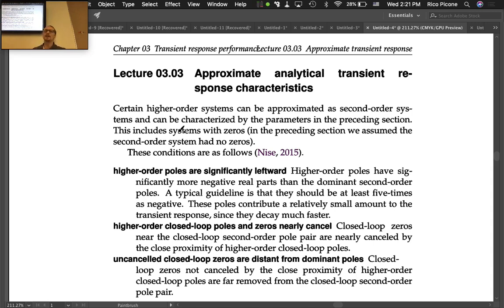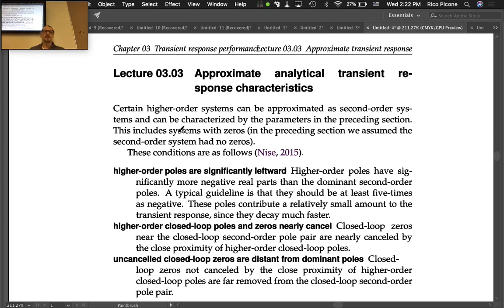So that's what we're going to talk about in this lecture, and that is that certain higher order systems can be approximated as second order systems and can be characterized by the parameters in the preceding section. So we can still relate the percent overshoot to the damping ratio, for instance, even though it's a third order system, say, or a 10th order system. This includes systems with zeros.